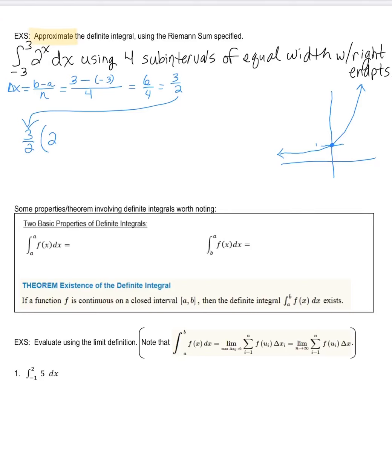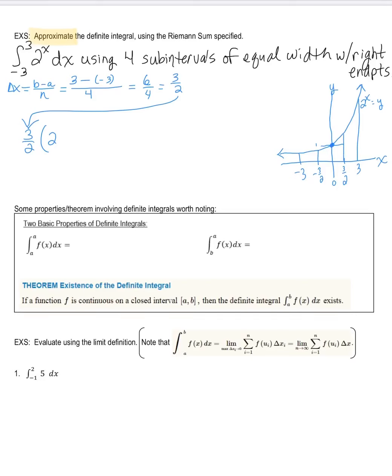All right, so here we are, here's our function 2 to the x. And so we are looking at this on the interval from, not necessarily drawn to scale, but let's say right about here, from -3 to 3. And so we've just realized it's going to be widths of 1.5. So this would be at -1.5 or -3/2, and then at 0, and then at +1.5 or 3/2. So there's how this partition would look.